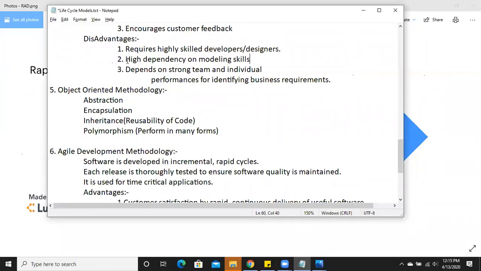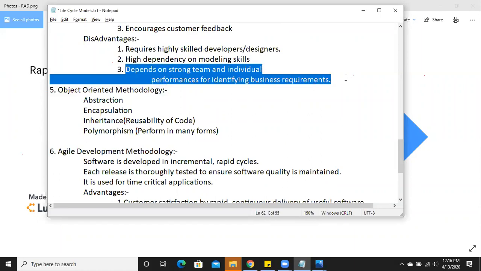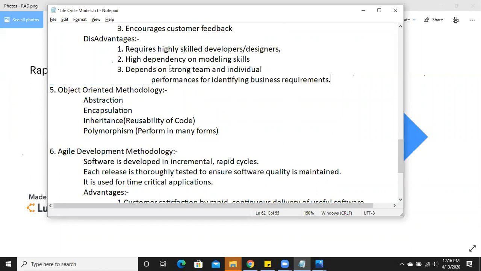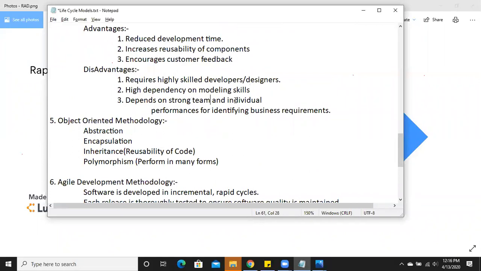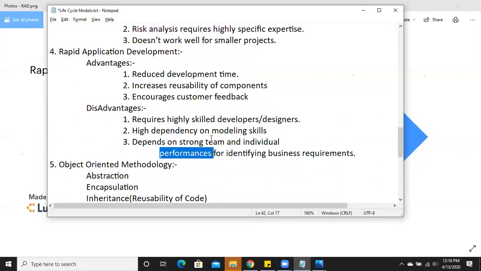So there is the dependency on models. Now the third one is that it depends on a strong team and individual performance for identifying business requirements. It depends also on the strong team. If there is the requirement of a strong team and individuals, it will also increase the cost. So this is all about the rapid application development.